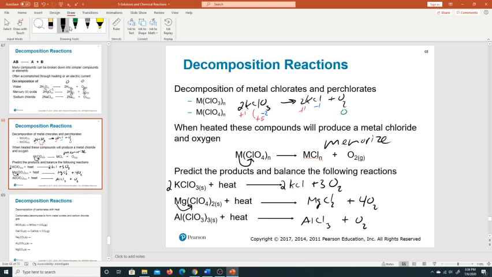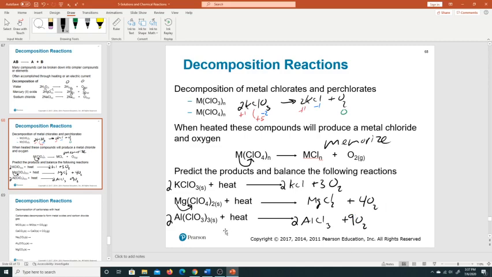Now to balance this one, we have 9 O's on the left, 2 O's on the right. The lowest common multiple of 2 and 9 is 18. So I put a 2 in front of Al(ClO3)3, a 2 in front of aluminum chloride, and then 9 in front of O2, and that should work. And there we go. That's how you balance that one.